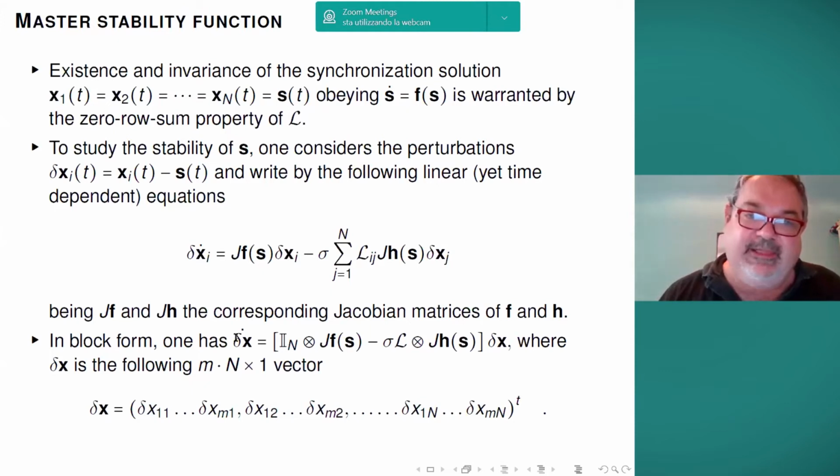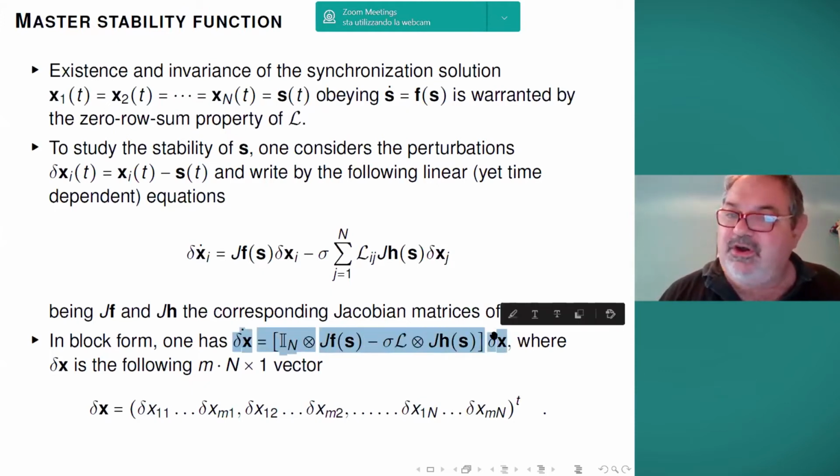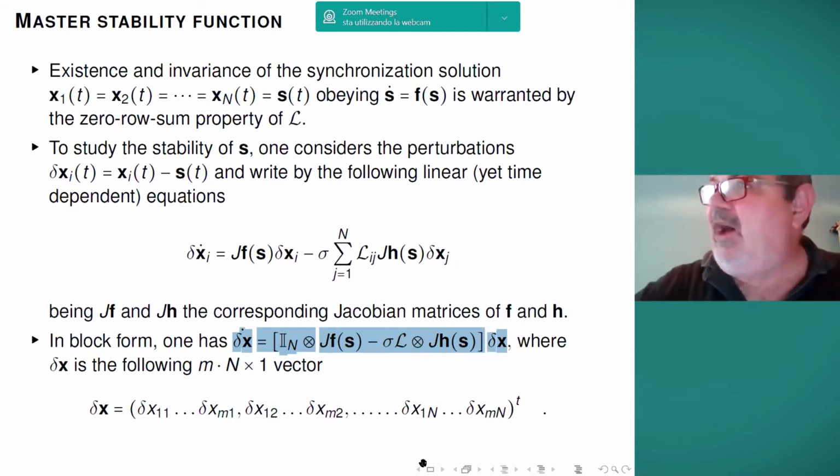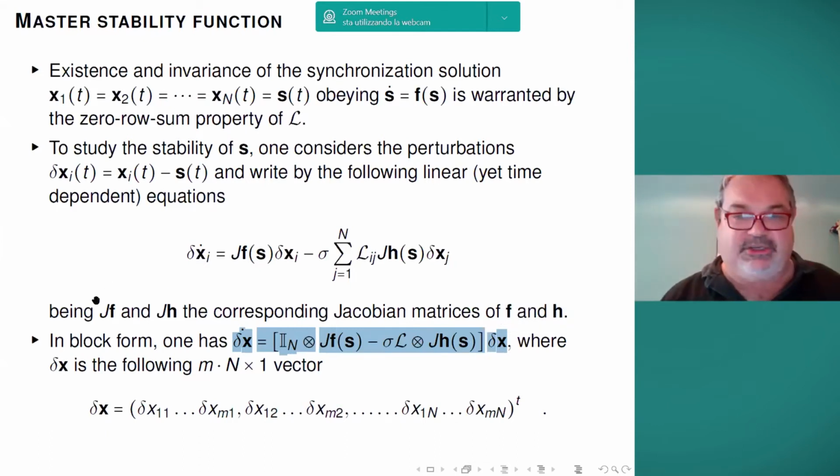So this is the equation of evolution of the vector, that is, how distant you are from the synchronization solution.